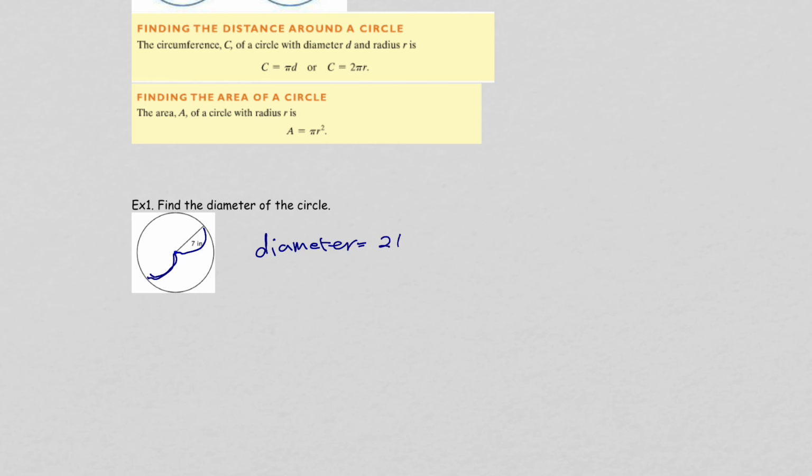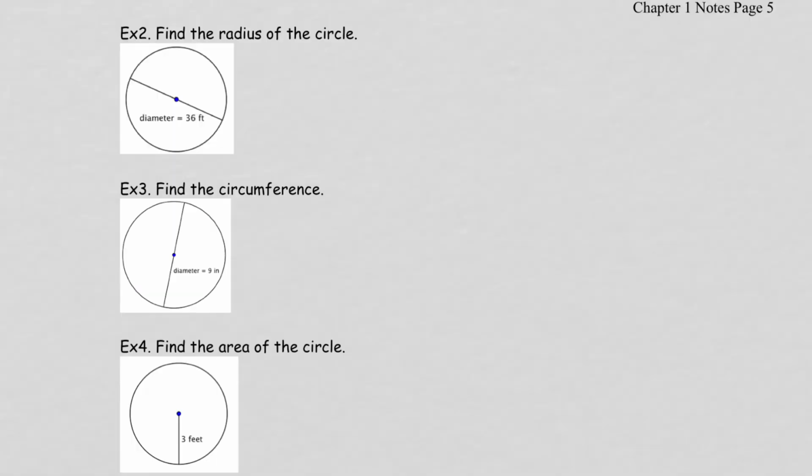So it'll be 2 times 7, which is going to be 14 inches. So if we have a diameter given, in order to find the radius, you're going to divide by 2, right? So this one, radius is going to be 36 divided by 2, which is going to be 18 feet.